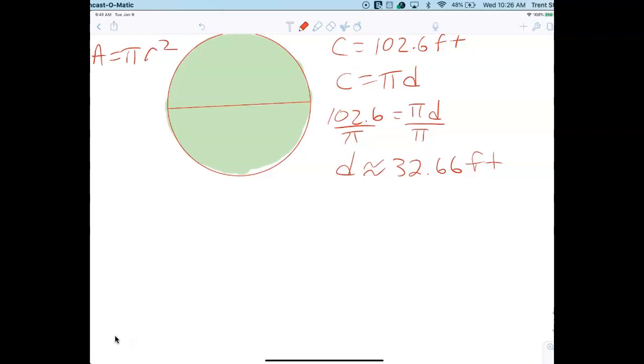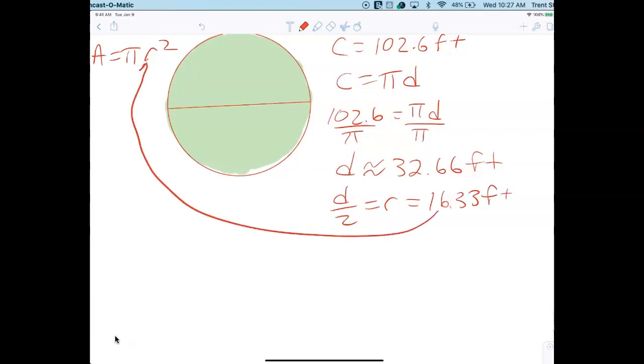So we divide the diameter by 2, which is equal to the radius, which is now 16.33 feet. Now we've solved the problem because we can take this number and plug it into this equation, and that'll tell us what the area is.